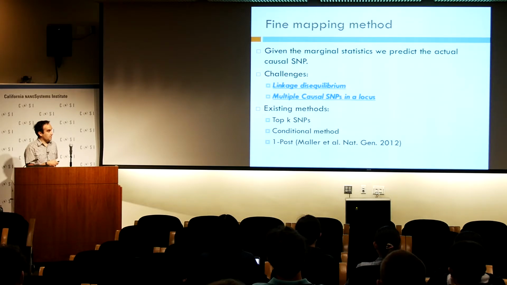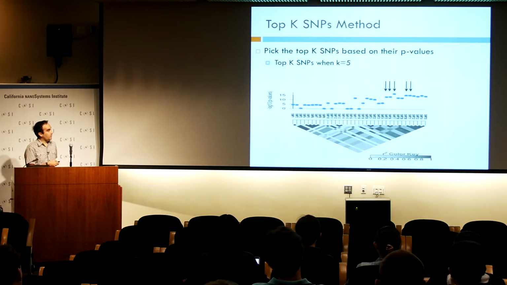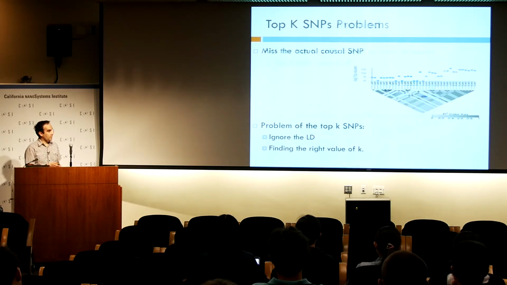Let's go over how each of these methods works. The top K SNPs method: you just take the top K. Let's say K equals 5. You take the 5 highest SNPs here and say my causal variant is in that set. Unfortunately, that doesn't work very well, because in this case these are the 2 causal variants. Again, we know this from simulation.